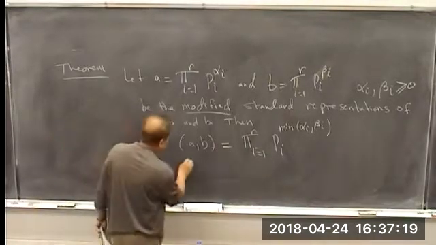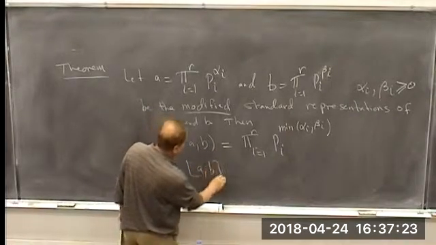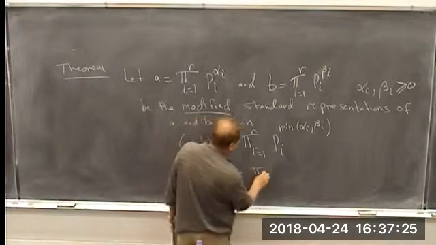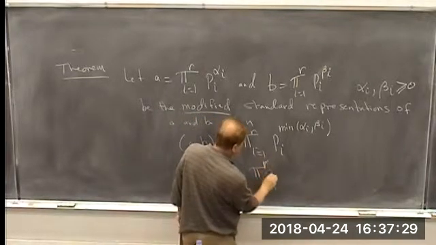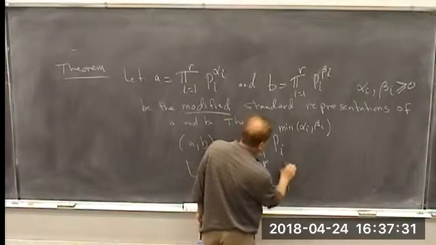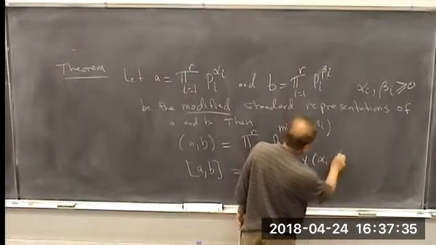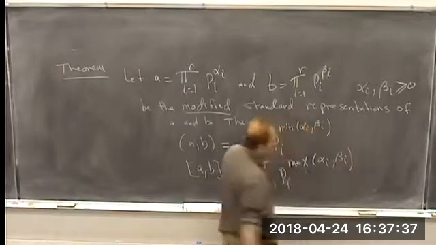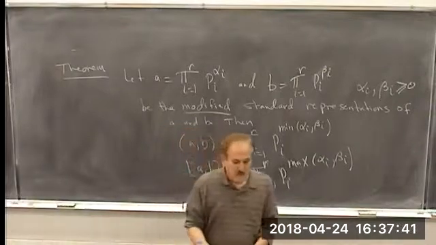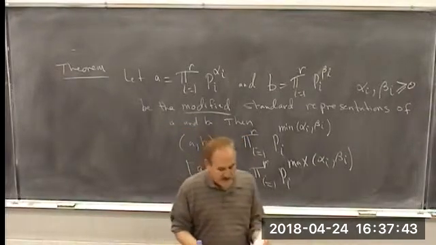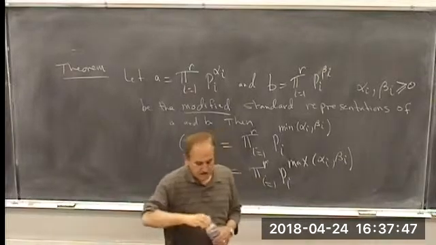And the least common multiple is we take the maximum, p_i to the maximum of alpha_i, beta_i. All we have to do is really prove one, and then the other will follow from the relationship between them.